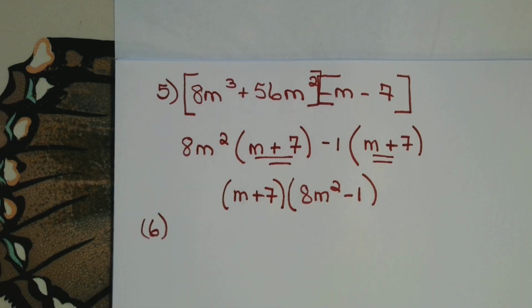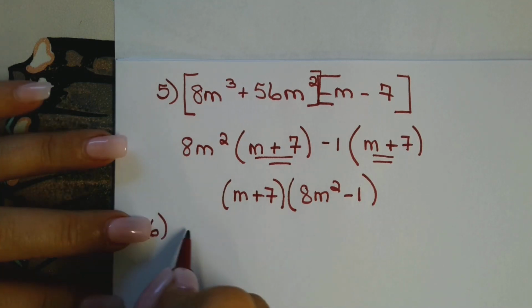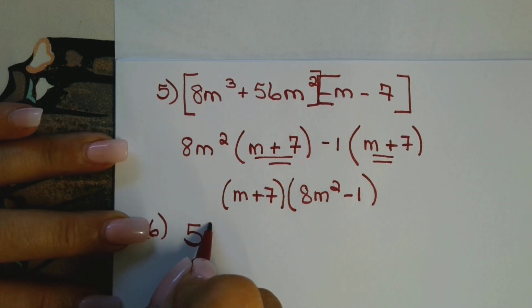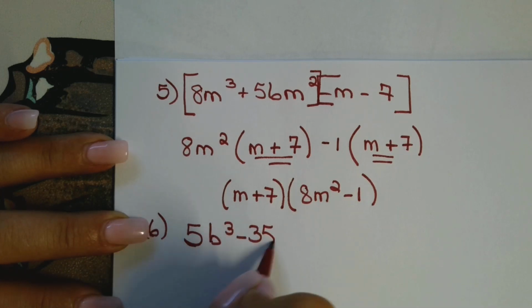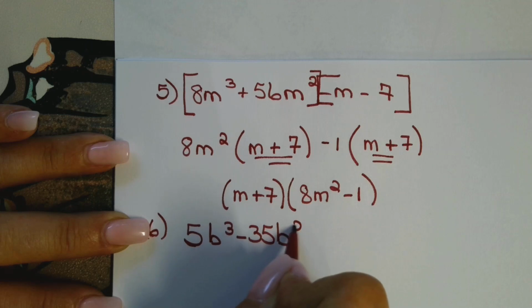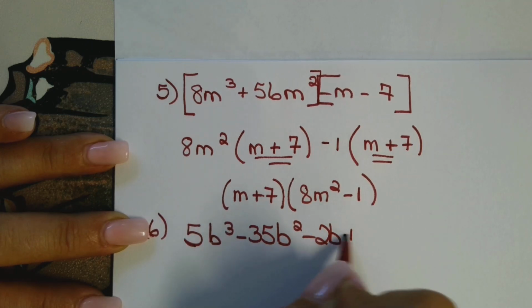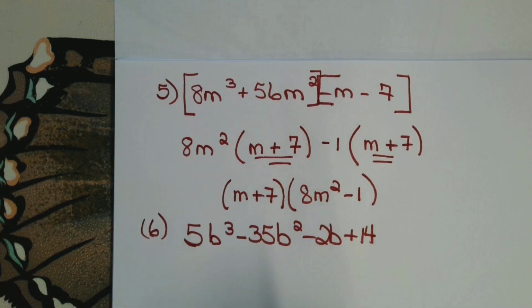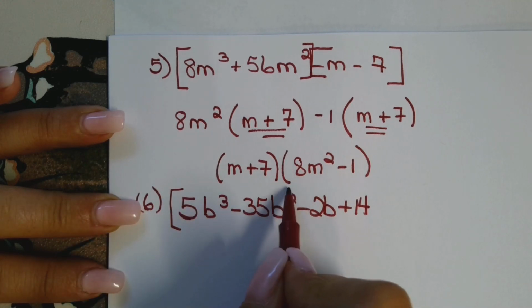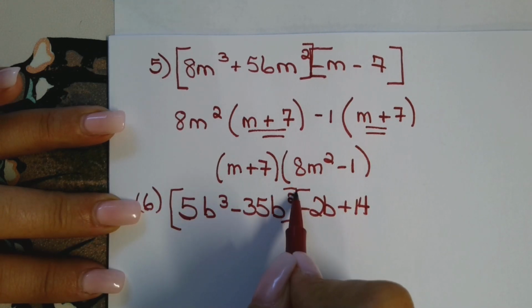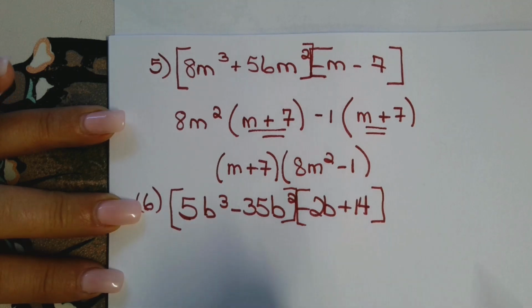Okay, let's move on to number 6. Number 6, we have 5b to the third minus 35b squared minus 2b plus 14. Okay, for this one, we're going to group these two guys together and these two guys together.